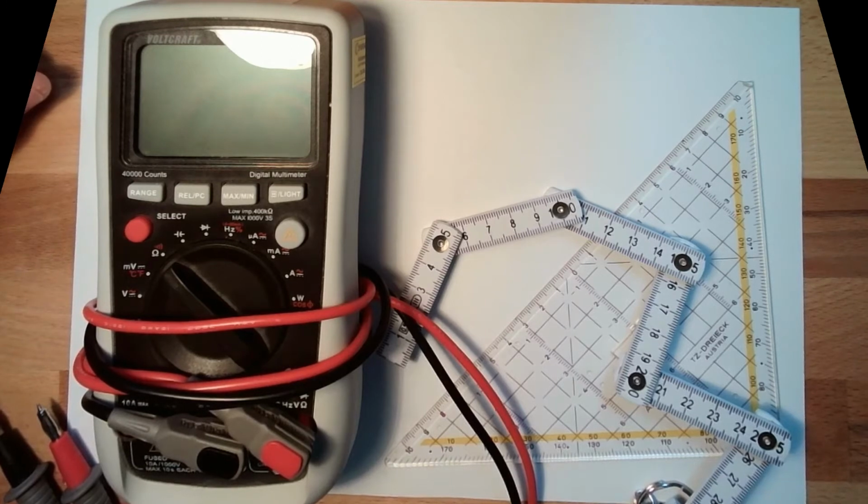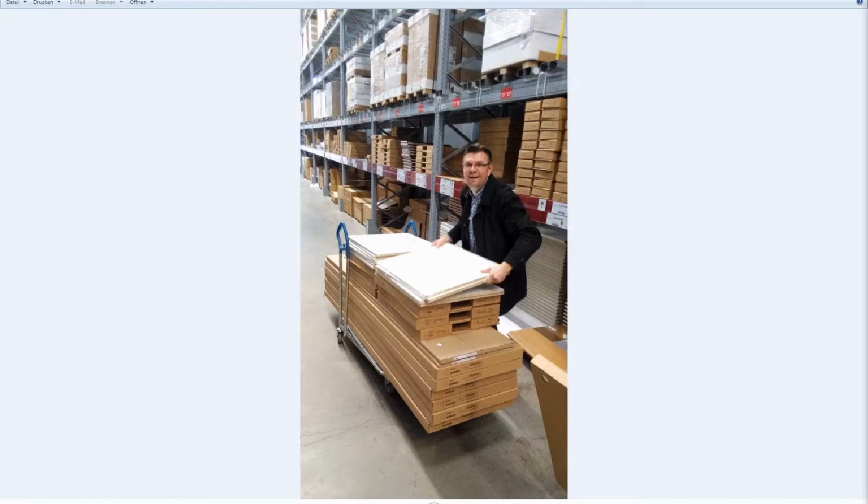Measurement is a good thing to take care of illusions. Humans are not really able to quantify things. For instance, here's a visit at IKEA, not to make any advertisement, but here we bought new furniture.